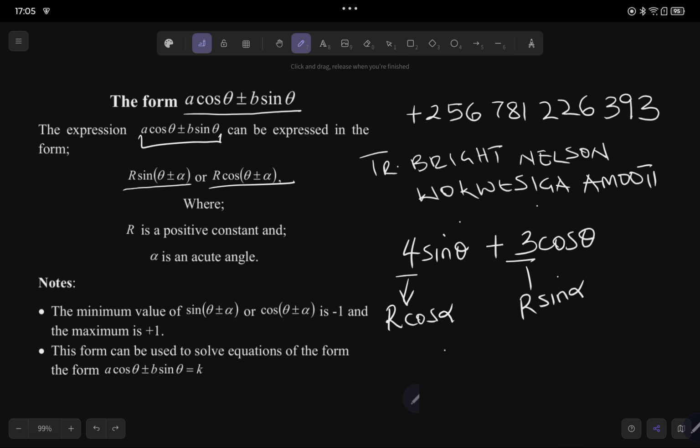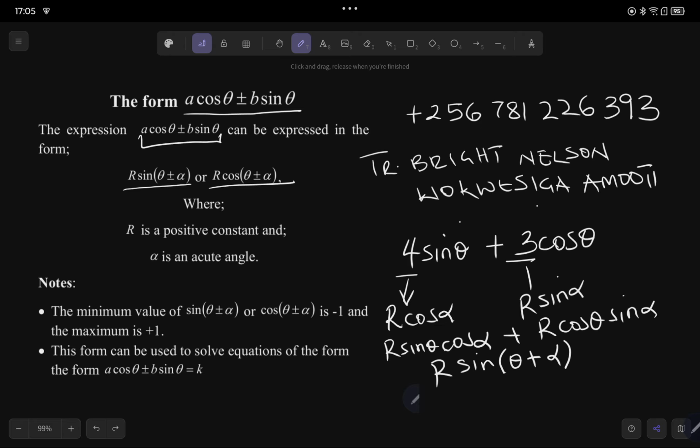So that you can have r sine theta cos alpha plus r cos theta sine alpha. Now, if you pull out the r, you can easily say r sine of theta plus alpha.